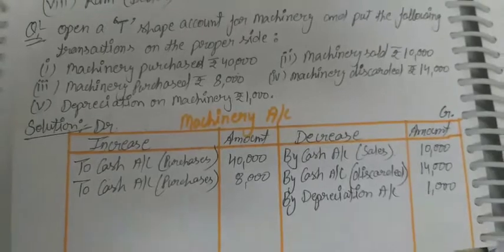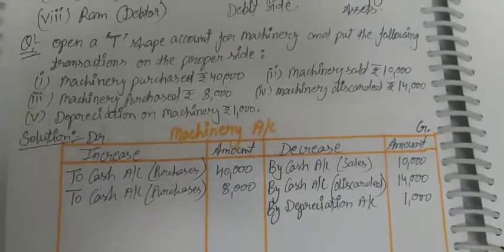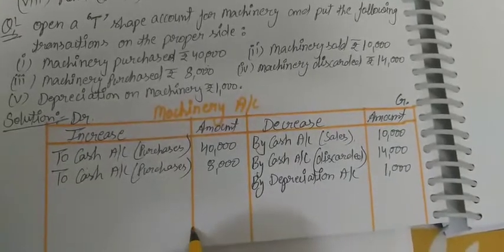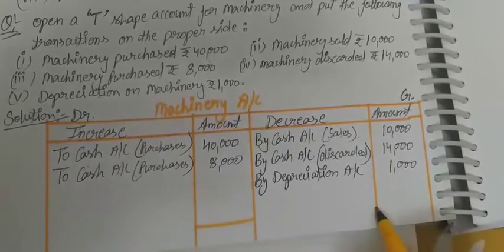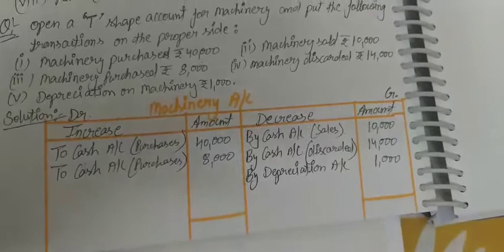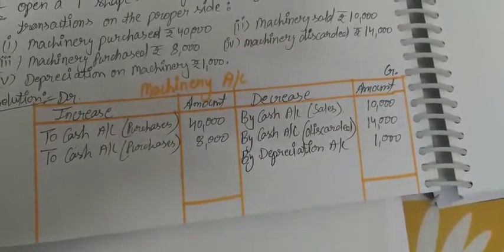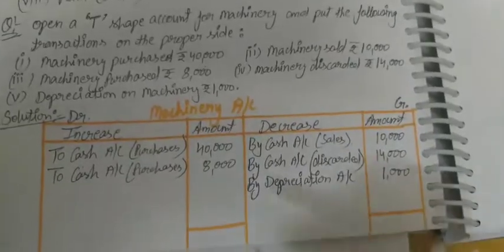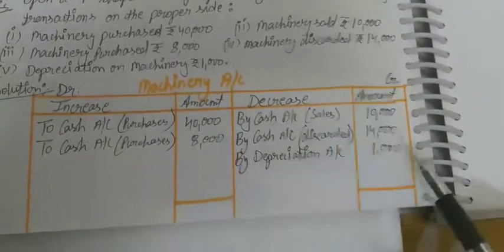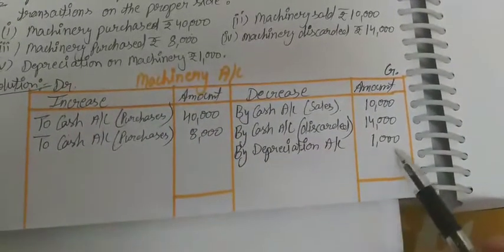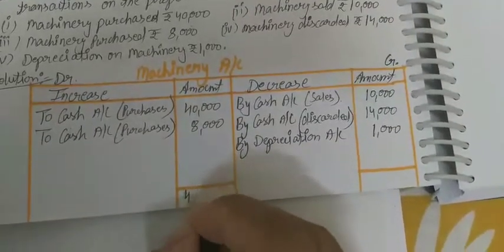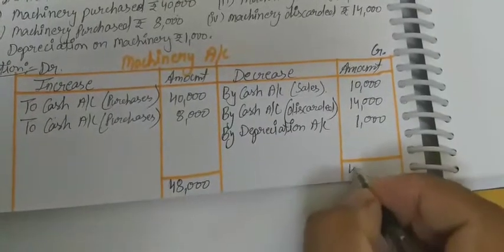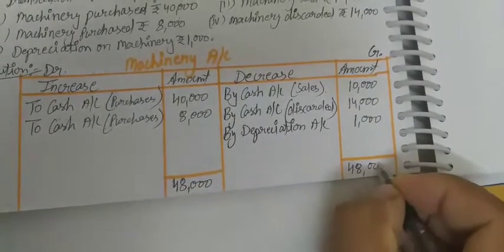It is clear, students? Now we have to do the balancing, the balance of machine, in which side the balance will be left. So if we total both sides of machine account, the total of this side is 48,000, and in this side only 25,000. So 48,000 is more, so we write 48,000 in both the sides.